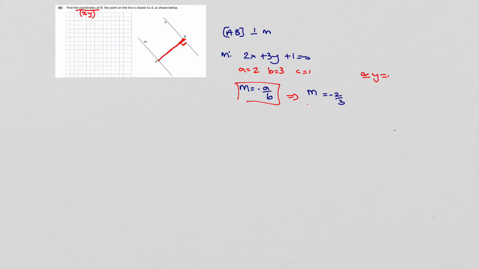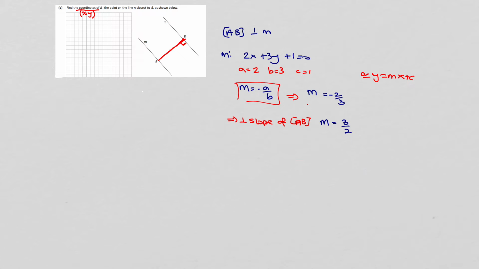Or just use y equals mx plus c, making sure the coefficient of y is 1 if you're doing that. Therefore my perpendicular slope of the line AB, all I have to do is turn it upside down and change the sign, so it's 3 over 2.